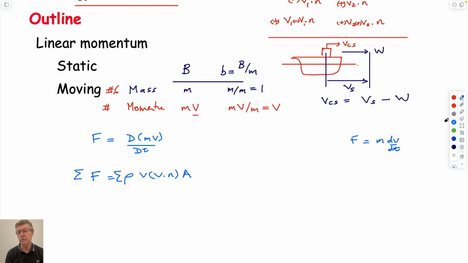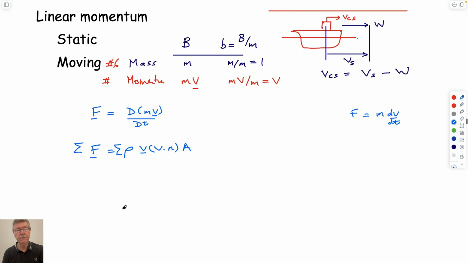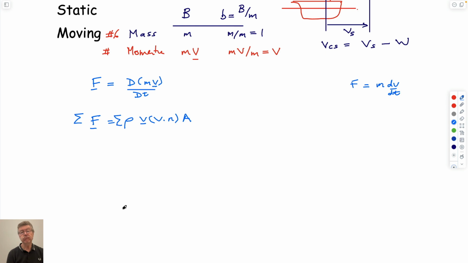These are summations of all the components. And I suppose I should also note that this is true, right? This is a vector.